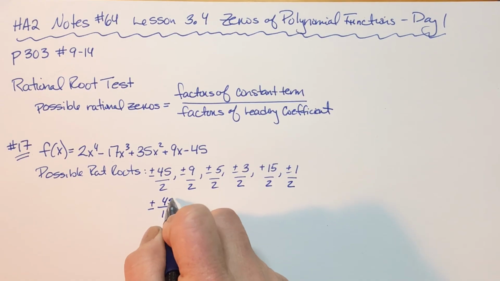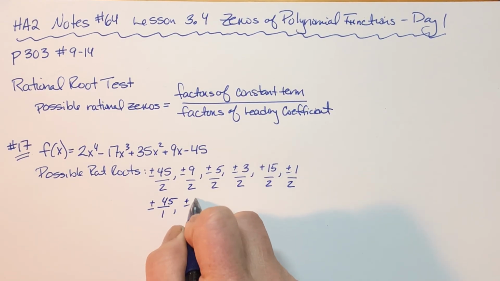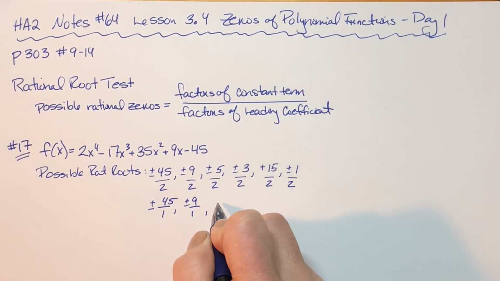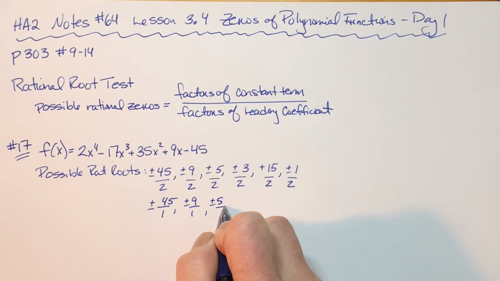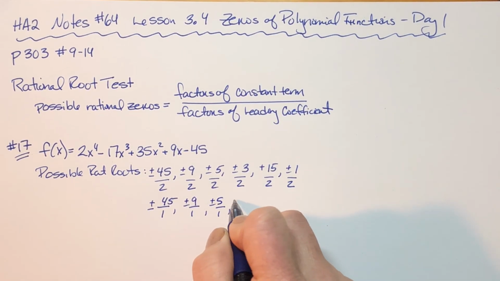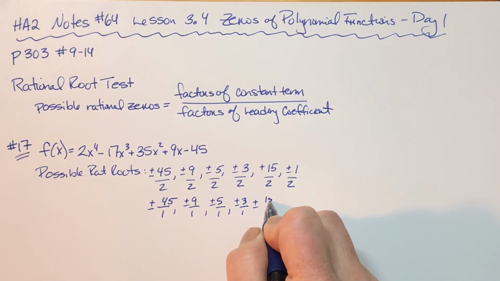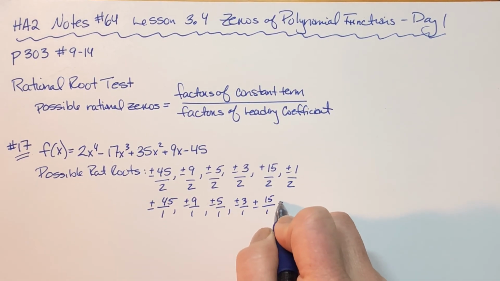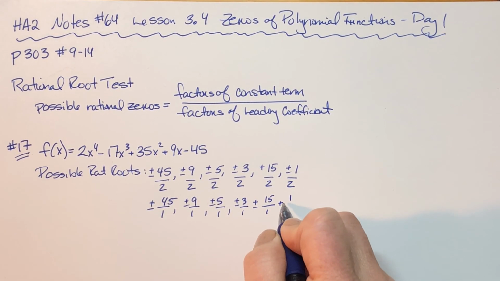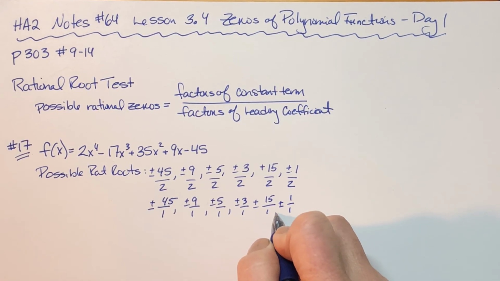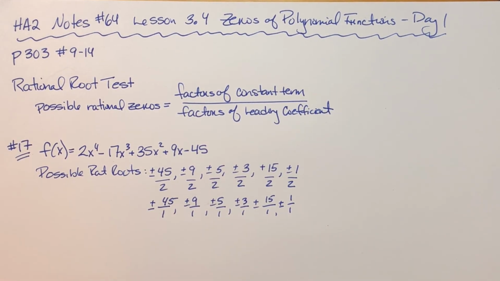So I should use those same numbers again for my numerator and make them all over 1. Now, you have a lot of factors here, don't you? Oh my goodness. These are all the possibilities. What you would do is take all of these numbers and use your synthetic division and figure out which one had a remainder of 0, okay?